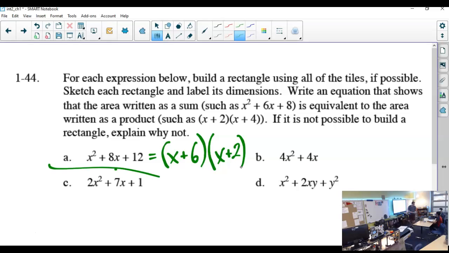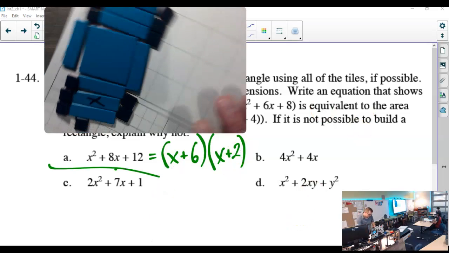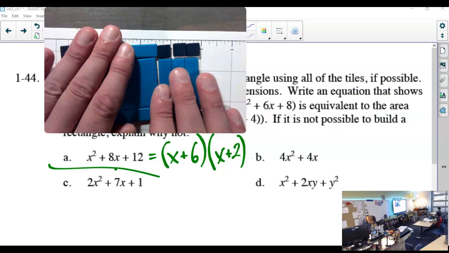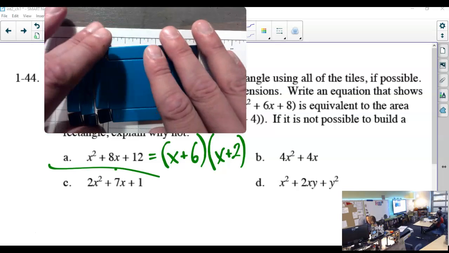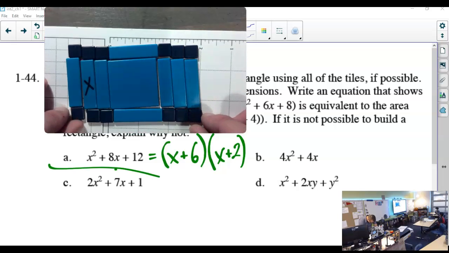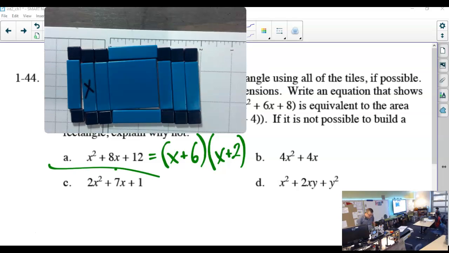Now, have you thought any more about is it different? Is the area the same? X squared, 8x, and 12. Yeah.